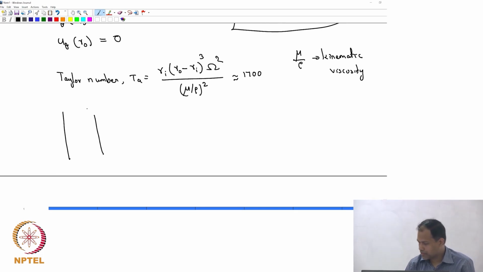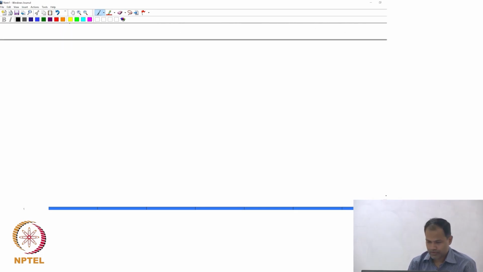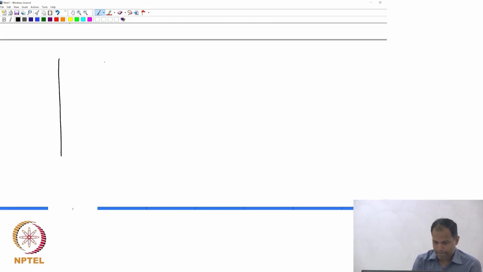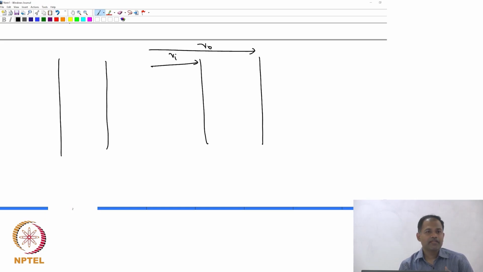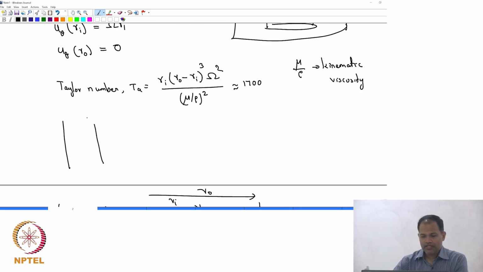I will do it in the next page. So that's my R I, that's my R O. If I am increasing my Taylor number, which is defined in that particular way, the Taylor number just includes the inner radius, the gap, the angular velocity, and some fluid properties.